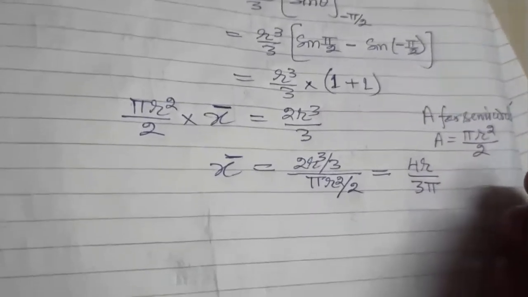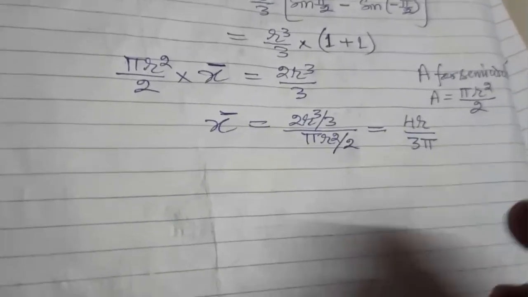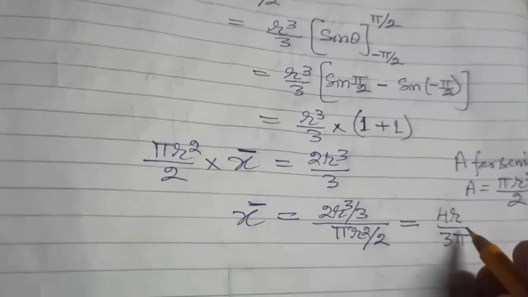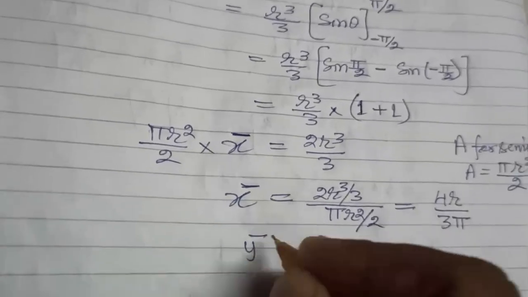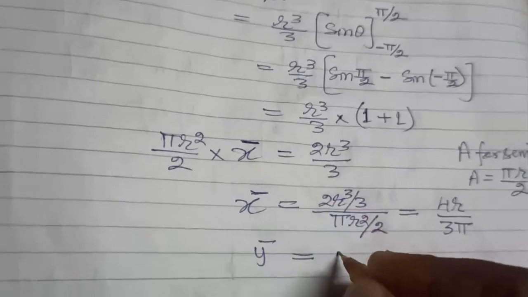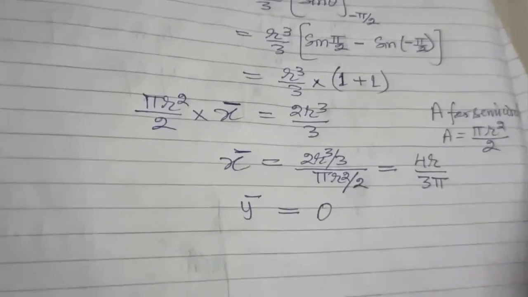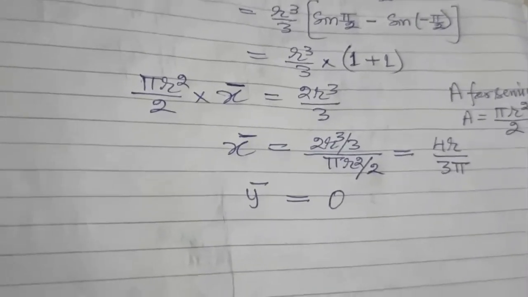So by the first principle, as given earlier, x bar is equal to 4r by 3 pi and y bar is equal to 0 due to symmetry about the x-axis.